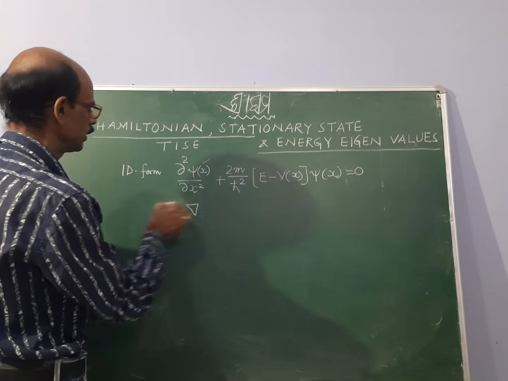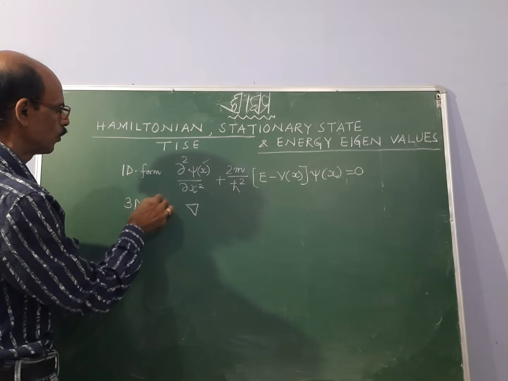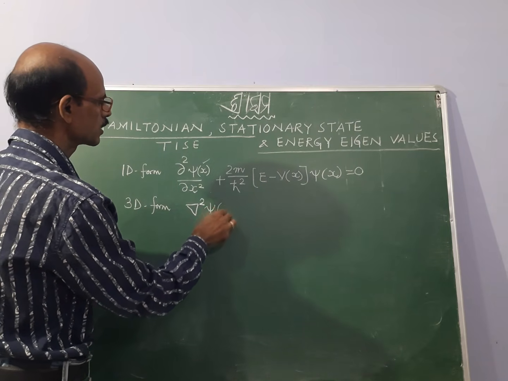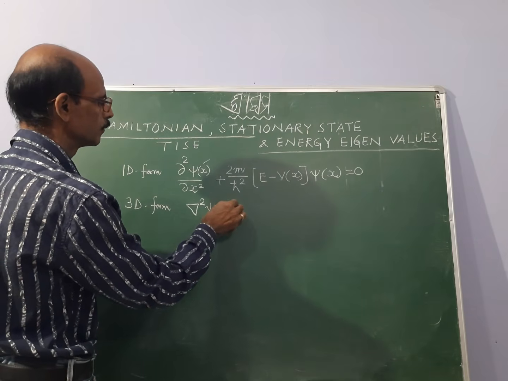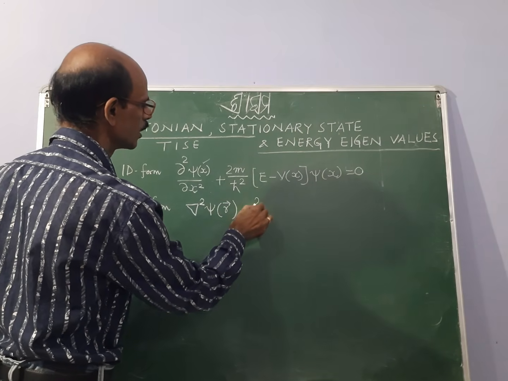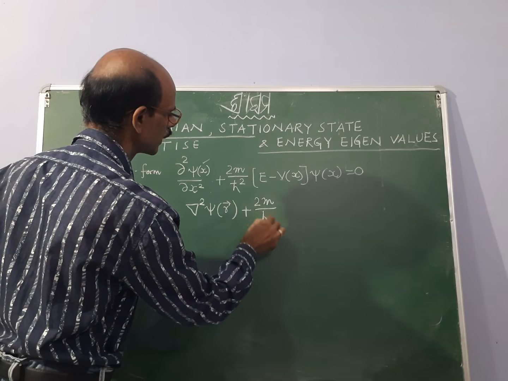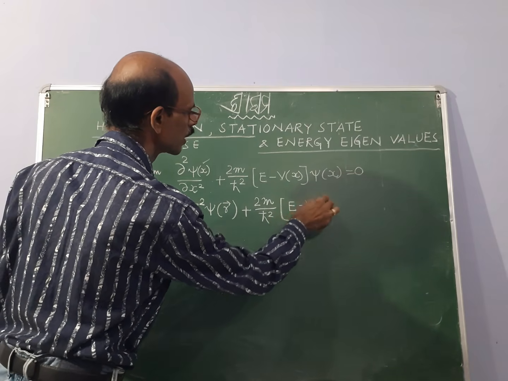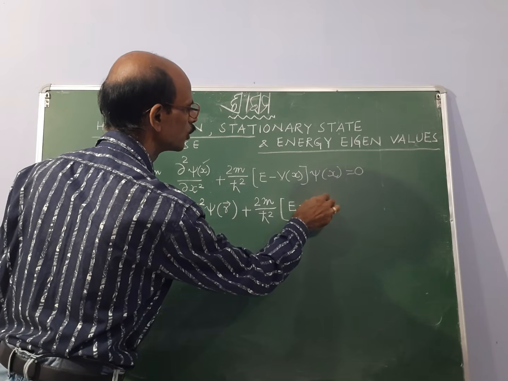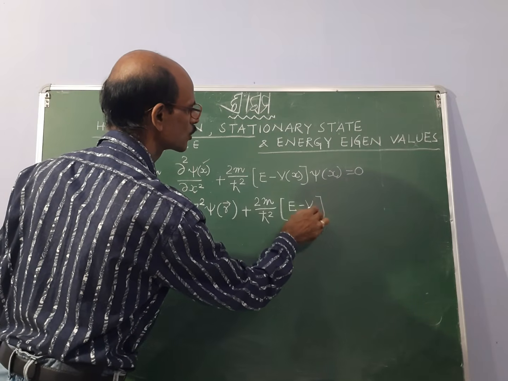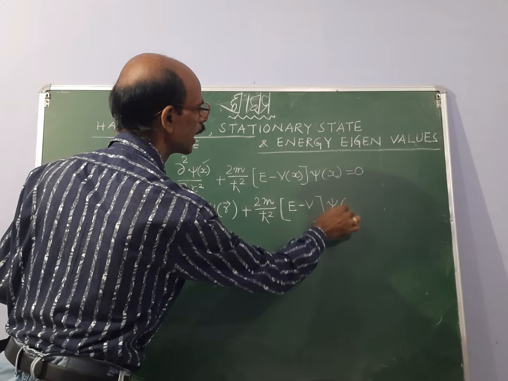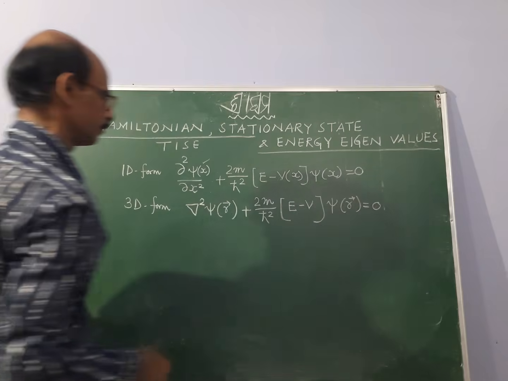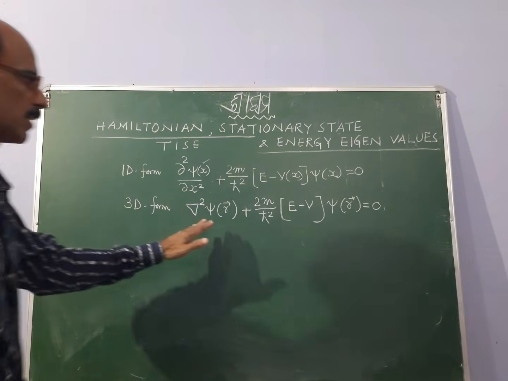Therefore, we write the three-dimensional form as grad square psi(r) plus 2m by h cut square (E minus V) psi(r) is equal to 0.